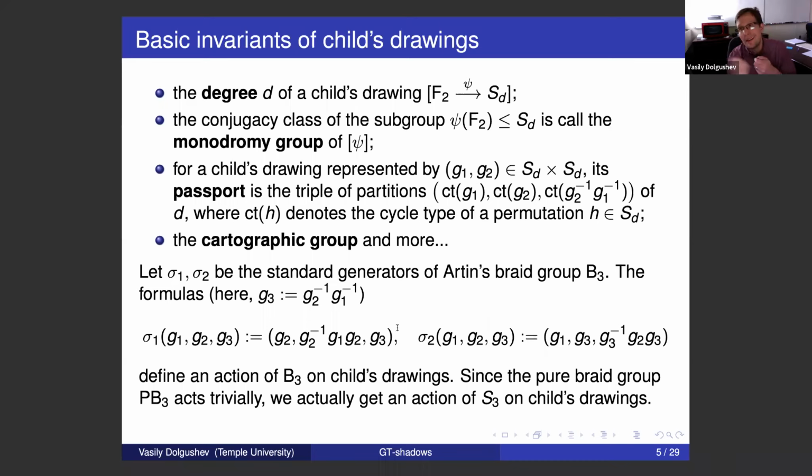If you act by sigma 1 twice, sigma 1 squared will be already an element of the pure braid group on 3 strands, and it looks like it acts non-trivially. But if you remember that we consider these triples up to permutations, then it becomes trivial. The action of PB3 becomes trivial. Therefore, we actually have the action of the quotient B3 by PB3. So it's actually S3 acting on child's drawings.